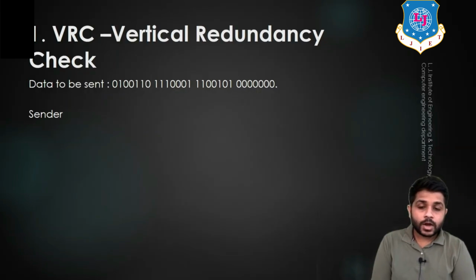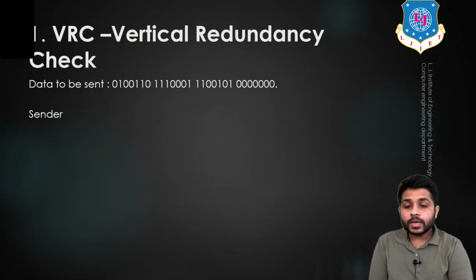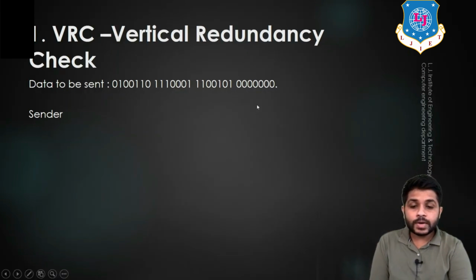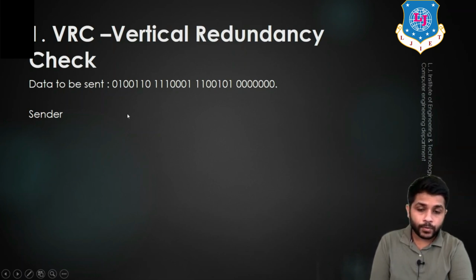Before sending this data, we will add some extra data, and after that we will send. In the VRC method, first of all, whatever data we are interested in sending will be divided into blocks. Imagine right now the length of the block is 7 bits. So we will divide this data into 7 bit blocks. How many blocks will we get? We will get 4 blocks.